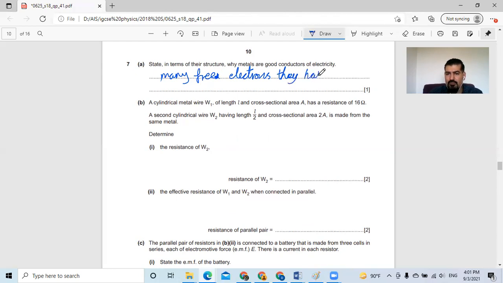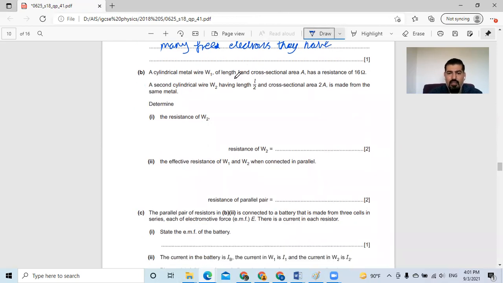Now, a cylindrical metal wire W1 of length L and cross-section area A has a resistance of 16. A second cylindrical wire W2. So we have W1, wire 1, and W2, wire 2, or cylindrical wires.